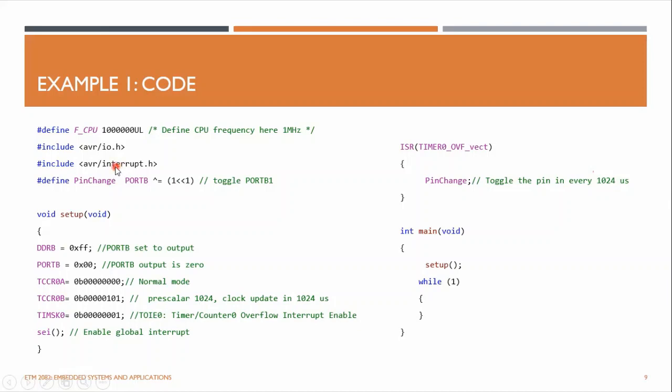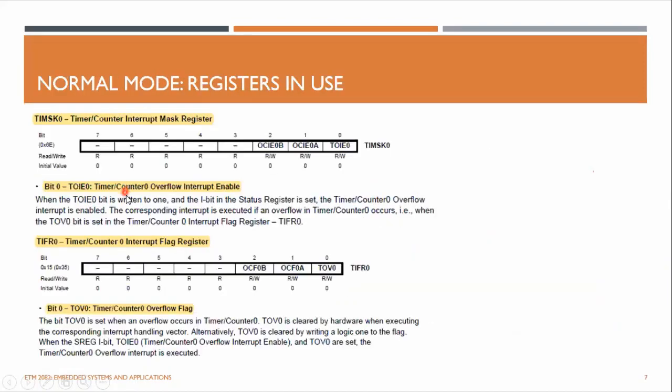We are using the overflow, which means when the timer overflows, it will set the flag to high. So you have to enable this interrupt by setting this bit. When it is overflown, this bit will be set to high, right?